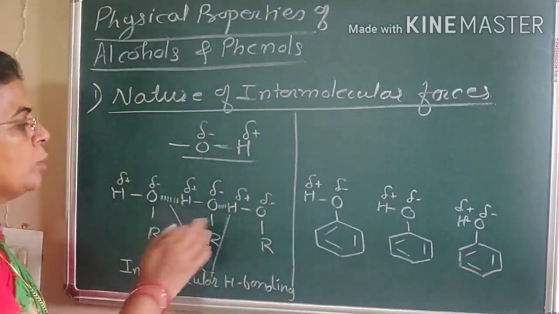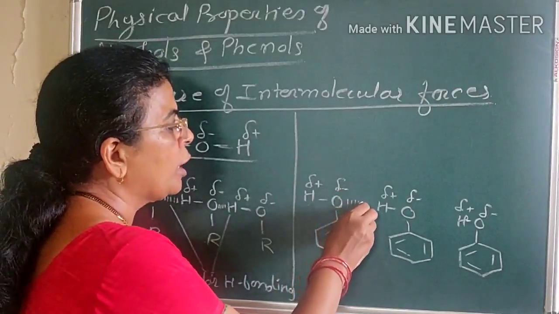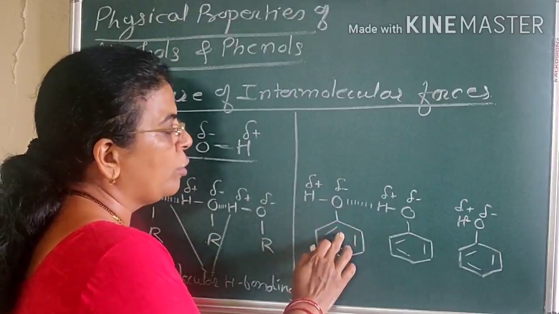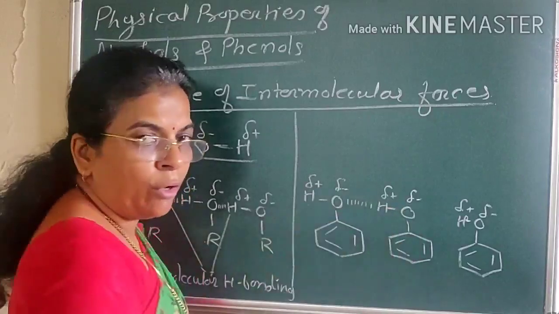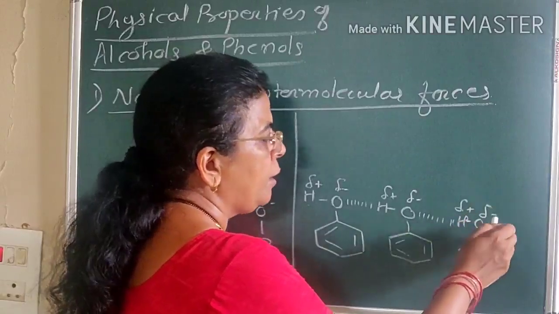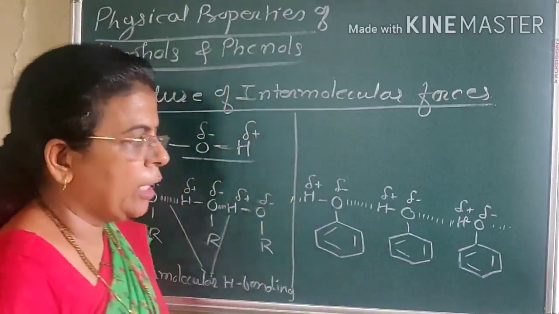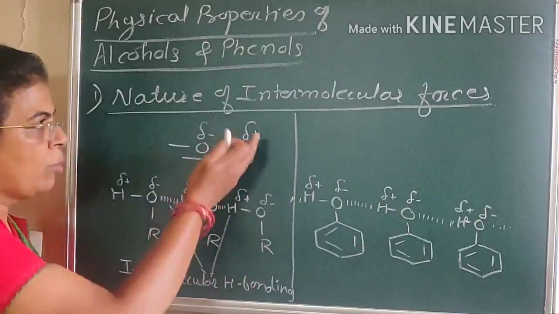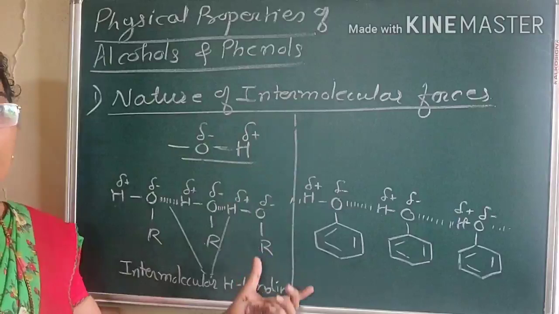Therefore these alcohols and phenols are polar molecules and they can form intermolecular hydrogen bonding. That is, the oxygen atom of one phenol molecule is weakly bonded with the hydrogen atom of a second phenol molecule, and similarly in this case also. And here, if there are a number of molecules, then all these molecules get associated with each other. This intermolecular hydrogen bonding, or intermolecular forces, is shown in these molecules.